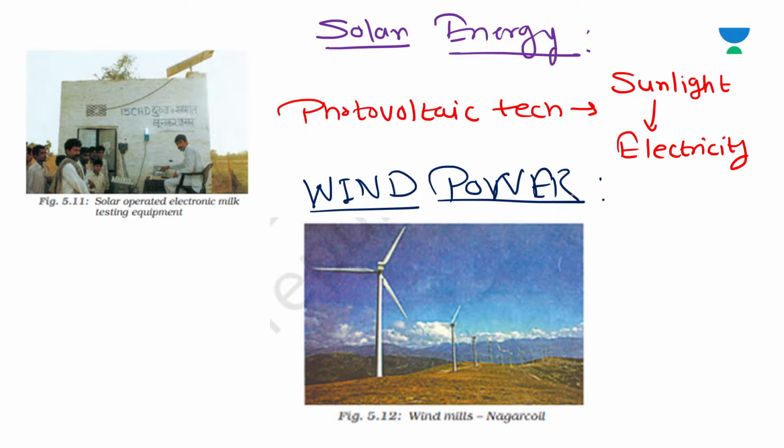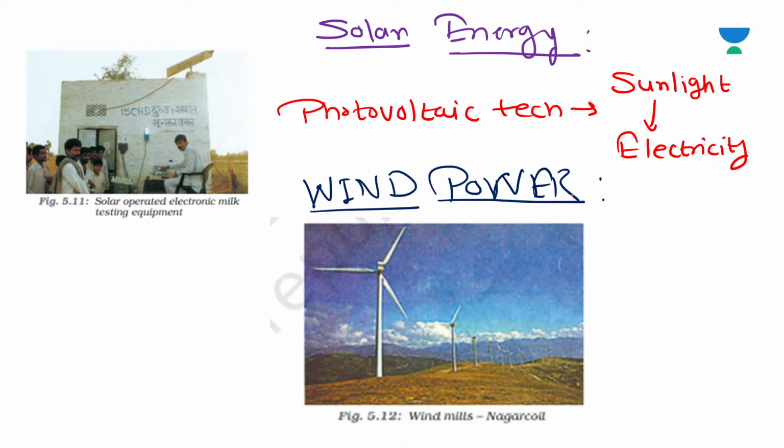Now, friends, our country has great potential of wind power, where the largest wind farm cluster is located in Tamil Nadu, from Nagarkoil to Madurai. Apart from this, Andhra Pradesh, Karnataka, Gujarat, Kerala, Maharashtra, and Lakshadweep have important wind farms.